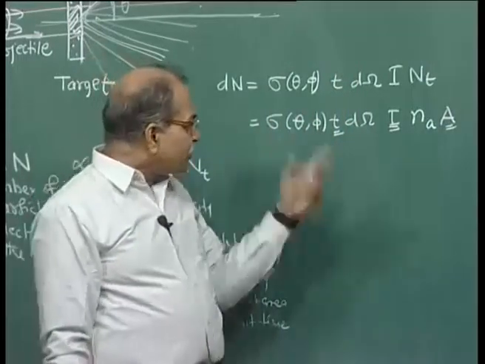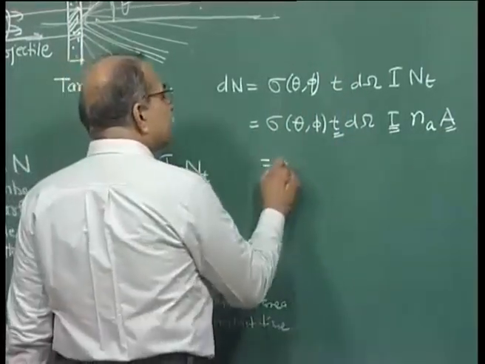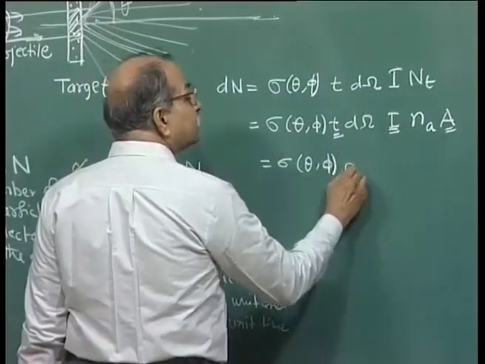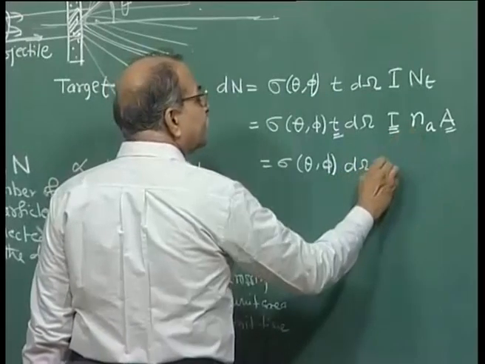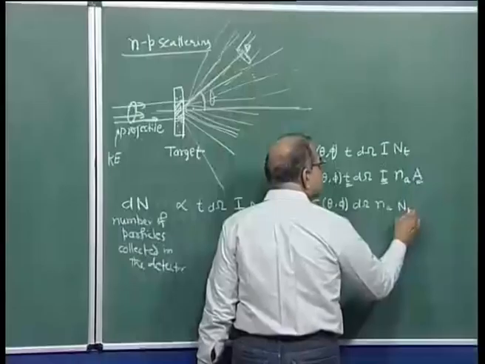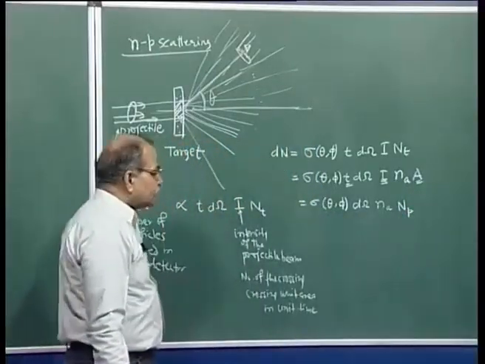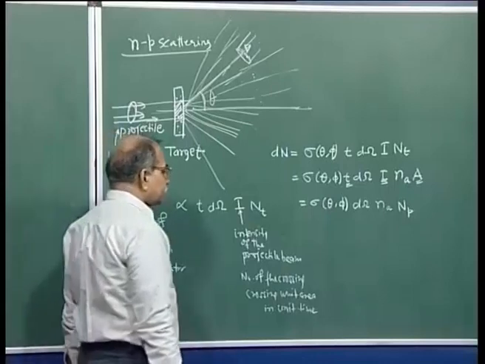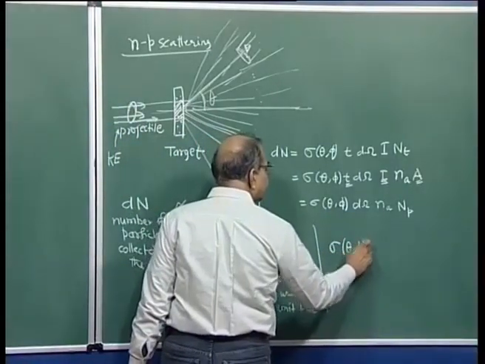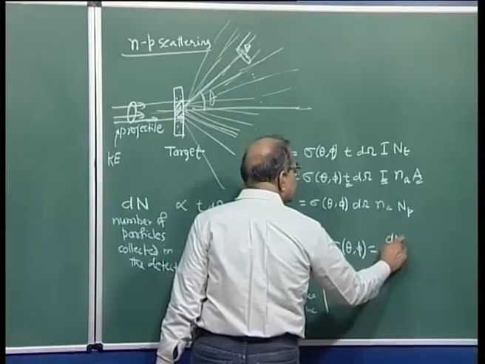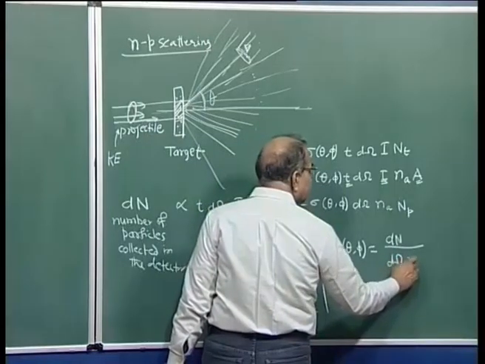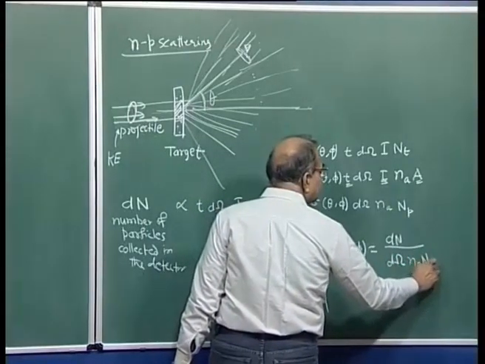So, you can write sigma theta phi, d omega, N A areal density, and N P, the number of projectile particles hitting the target. So, sigma theta phi is dn divided by d omega N A and N P.